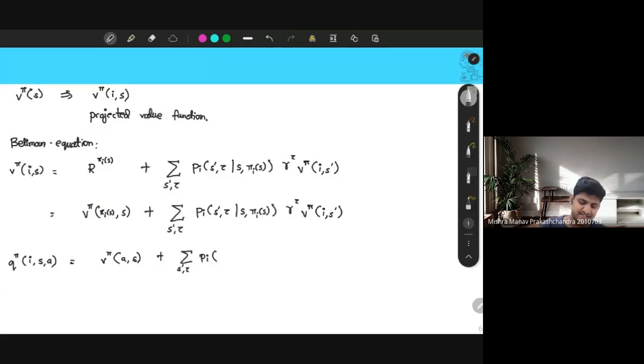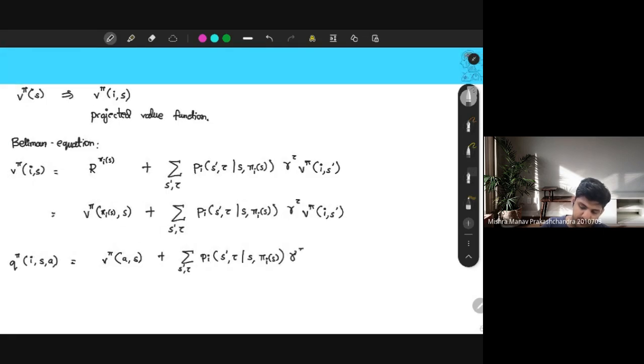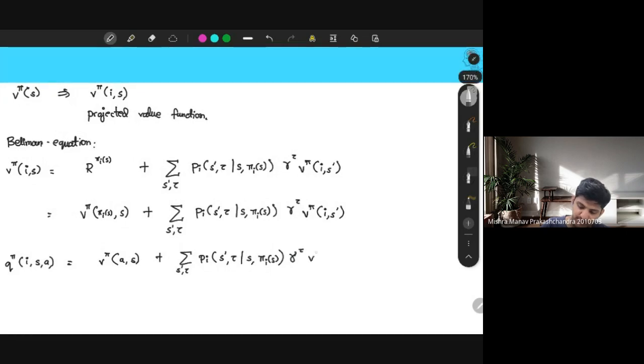Okay, this is going by the standard definition of the Q function. So I have s comma pi_i of s, we have gamma, tau, v pi, i comma s prime.